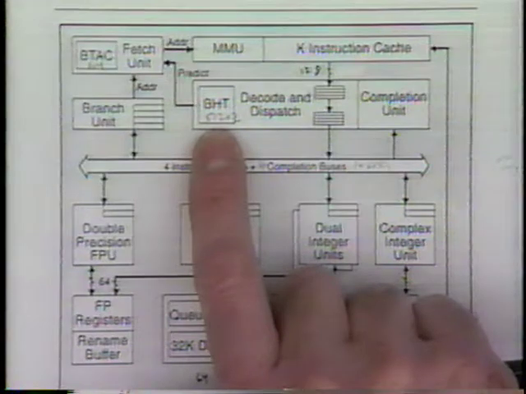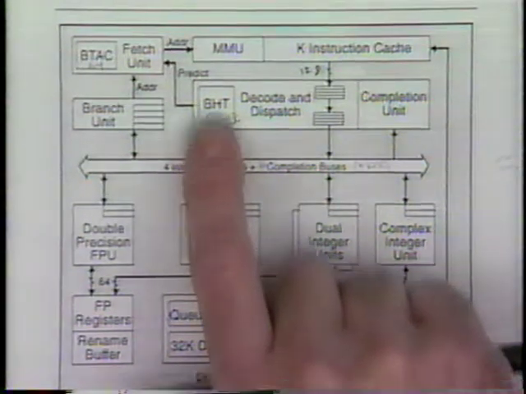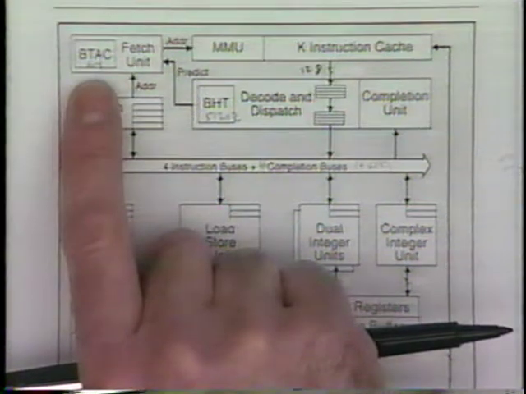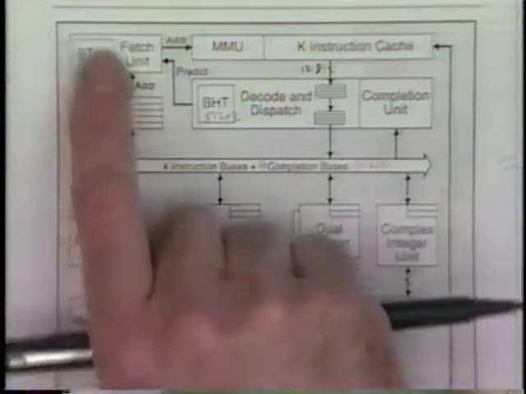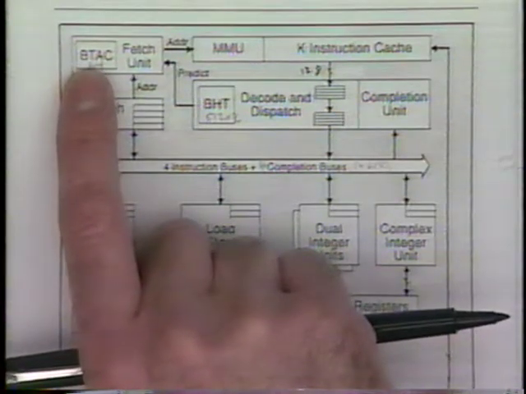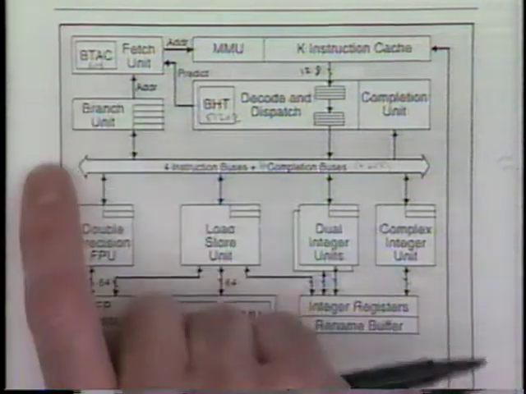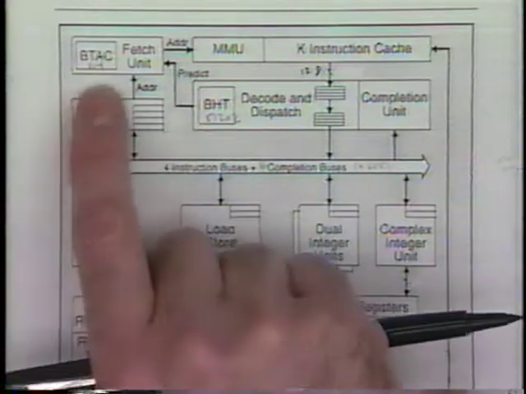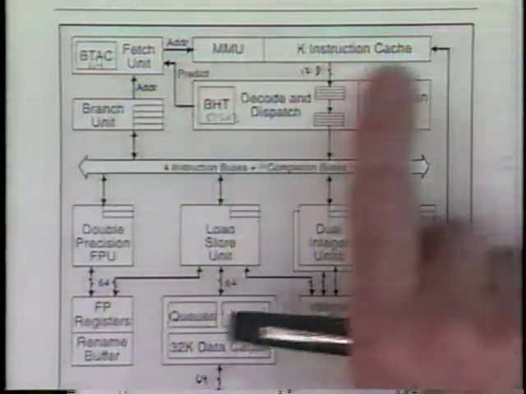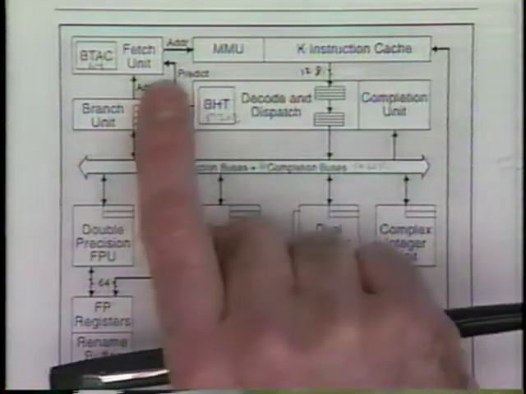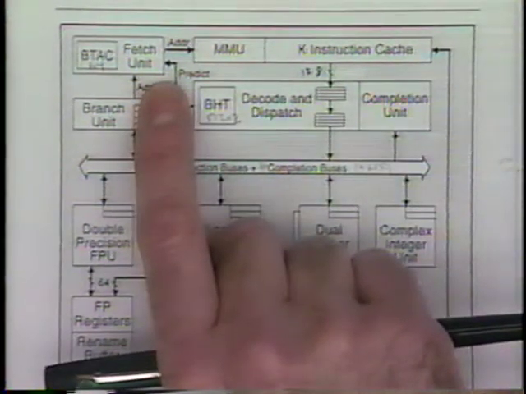During iFetch, we'll take a look at the pipeline in a second, it's trying to do branch target prediction. So before knowing anything about the instruction, as we talked about before for branch target buffers, they call this the branch target address cache. That's what the BTAC stands for. They record in there whether or not the quad word being fetched out of the instruction cache is a branch that was successfully taken before.